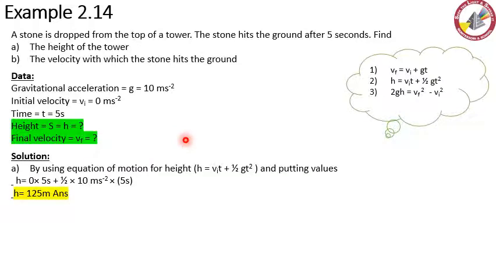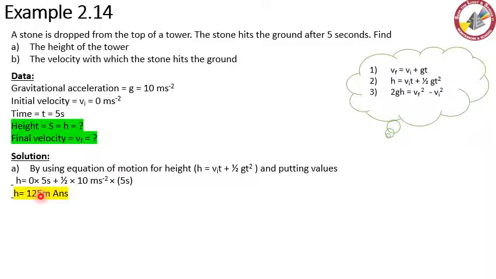So in the first part we will use the second equation of motion, because we have to find out the final velocity and we have the values of initial velocity and the time. By putting the values in this equation, we will get height equal to 125 meters.